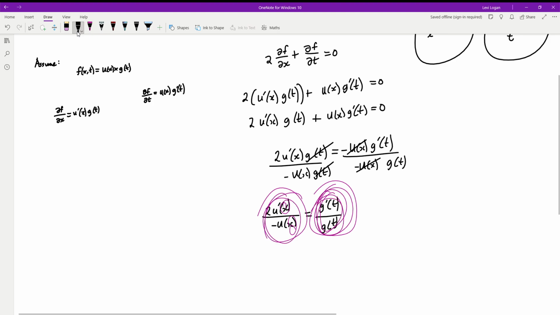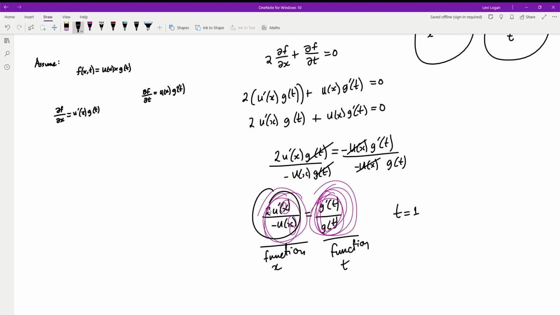Because as you can see, this whole left-hand side is a function of x, and this whole side here is a function of t. So no matter what I put into this side, so if I put in t is 1, that's not going to affect this side here. It's going to be constant no matter what. Likewise, on the left-hand side, if I put in x is equal to 2, it's not going to change this side because this is a function of t.